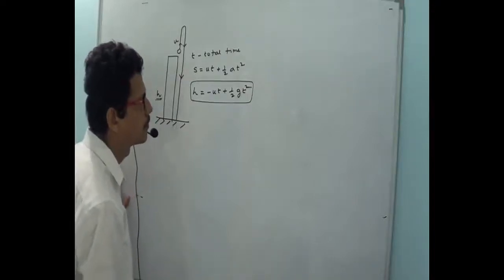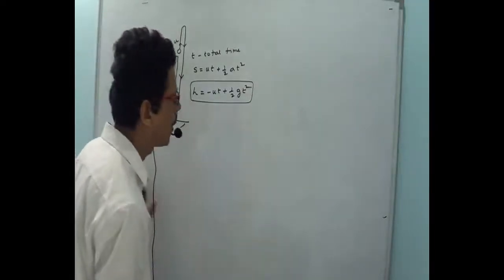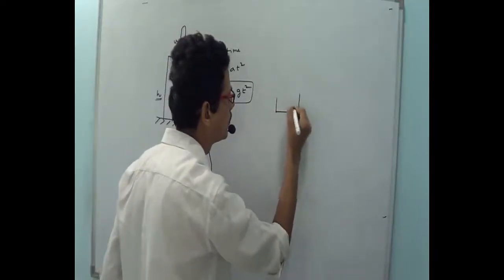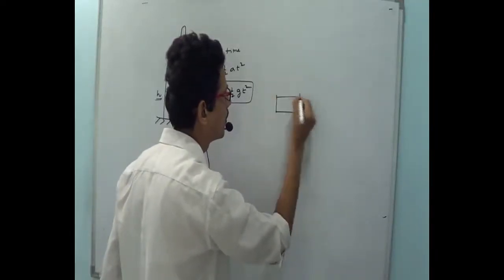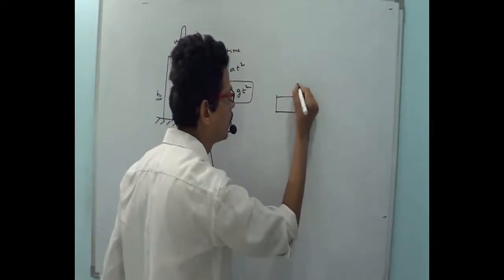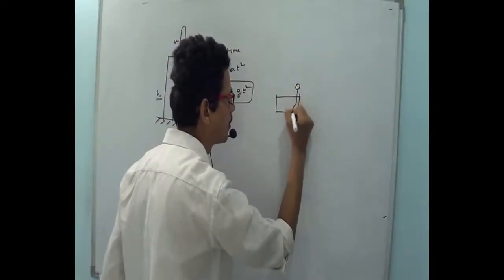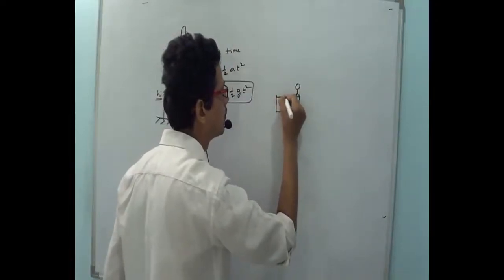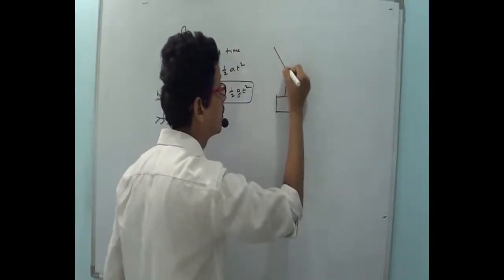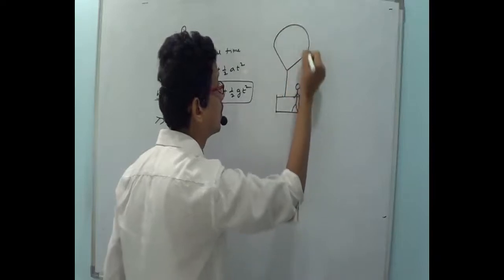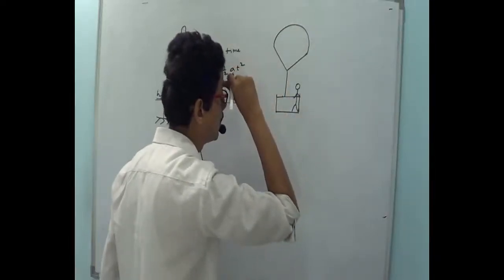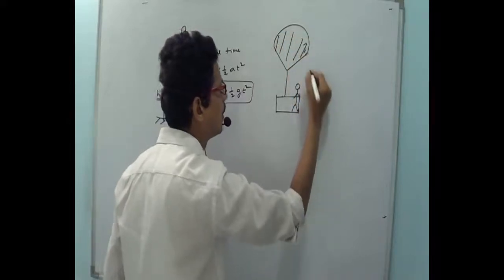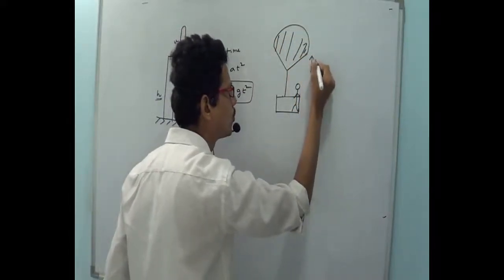And the same equation you have to use when there is a balloon. Okay. And you are standing in the balloon, and it is going up with a speed u.